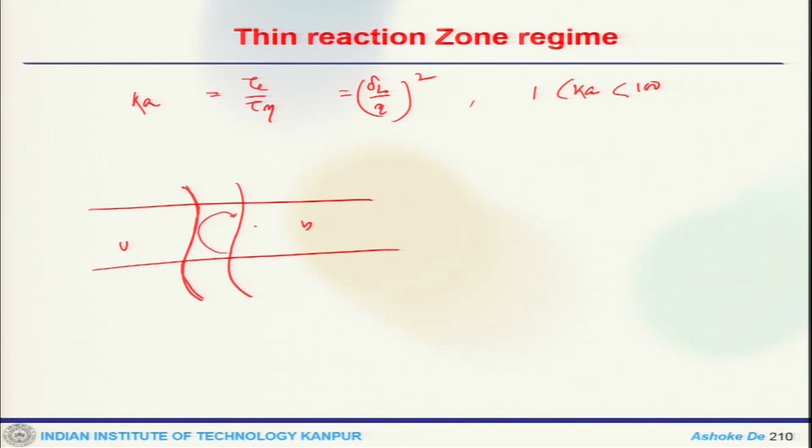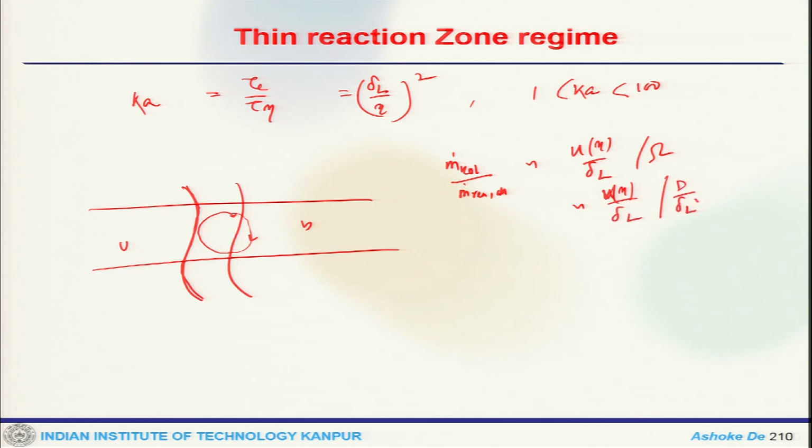So, the eddies are kind of took that. Here the reaction pockets may not pass the inner layer of the reaction zone. So, here one can say that m dot Kolmogorov by m dot reaction layers is U eta by delta L by d by delta L square.